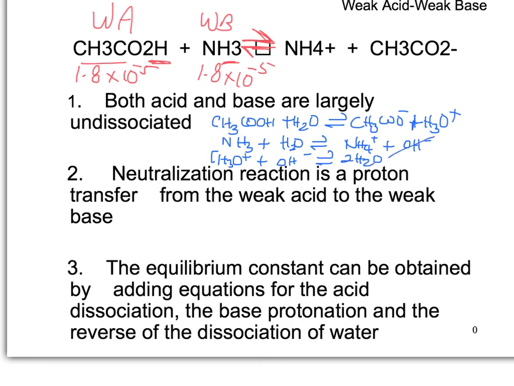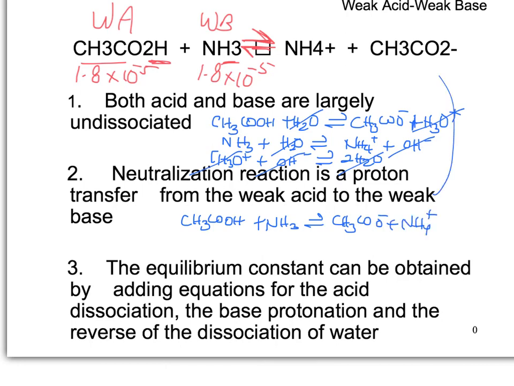So hopefully you can see hydroxide and hydroxide cancel, hydronium and hydronium cancel, water and water cancel with the two H2O, and you're left with CH3COOH plus ammonia, giving you CH3COO minus plus ammonium, which is the equation I was seeking.